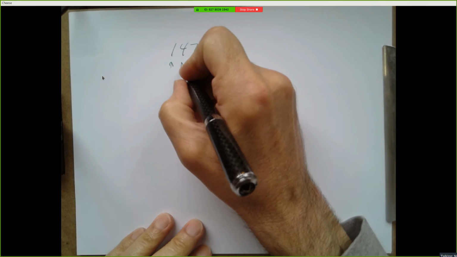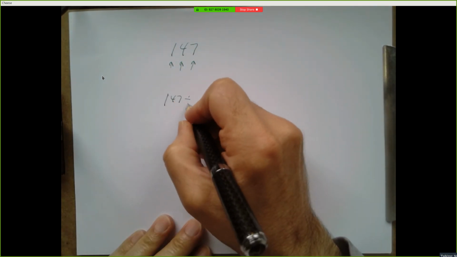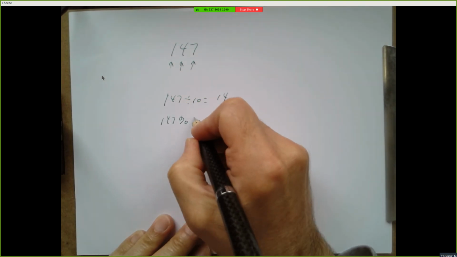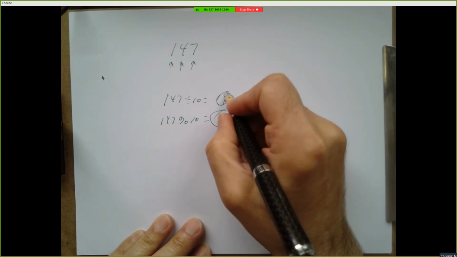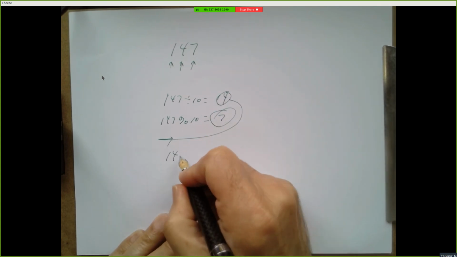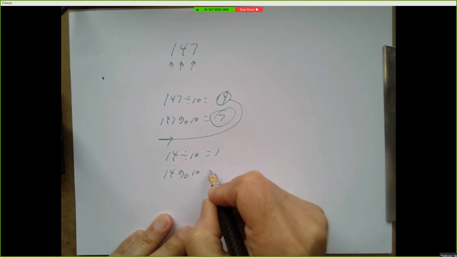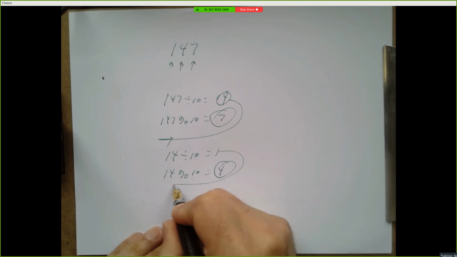There's the first digit, there's the second, there's the third. But you can do 147 divided by 10 equals 14. 147 modulo 10 equals 7. There's your last digit. Now you take the 14 and you do this again. 14 divided by 10 is 1. 14 modulo 10 is 4. There's your second digit. And then you take the 1 and you move it down.